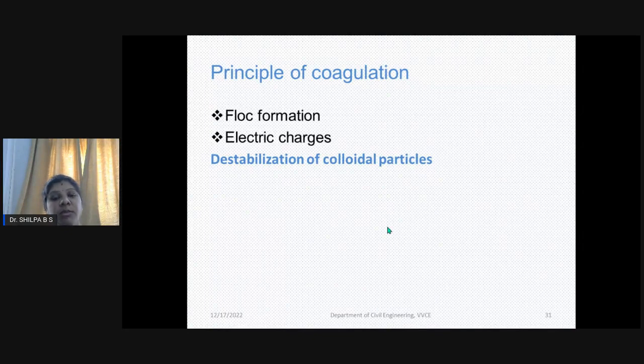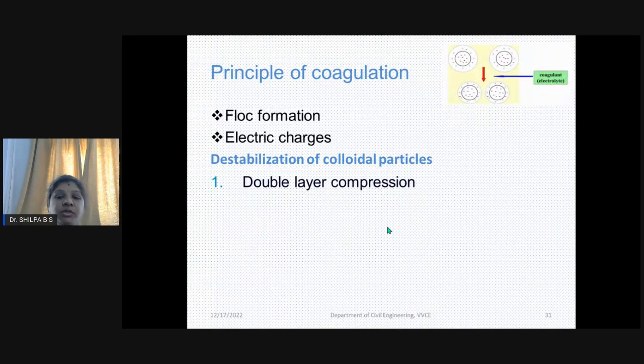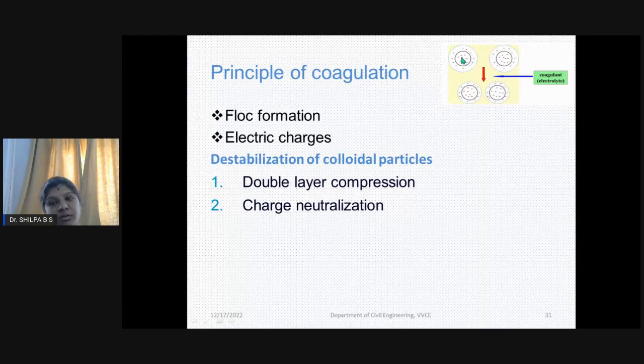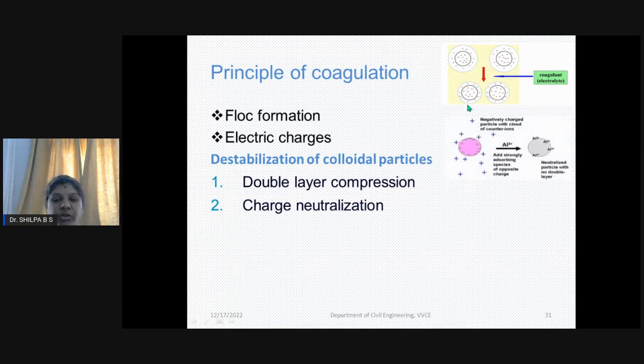Okay, so destabilization of colloidal particles takes place based on the double layer theory. As you can see here, initially when we add the coagulant, we get the flock. Due to neutralization, the colloidal particles get attached to the aluminum hydroxide flock.